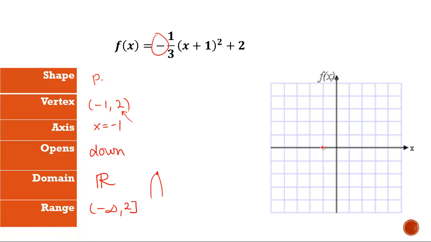So when we draw it, we start at (-1, 2), and it's opening down, and everything is taken down by a third. So instead of 1, 1, it's 1, 1/3. Instead of 2, 4, it'll be 2, 4/3, and so on. If you really like, you can find some more points to make it more accurate, but it's going to approximately look like that.